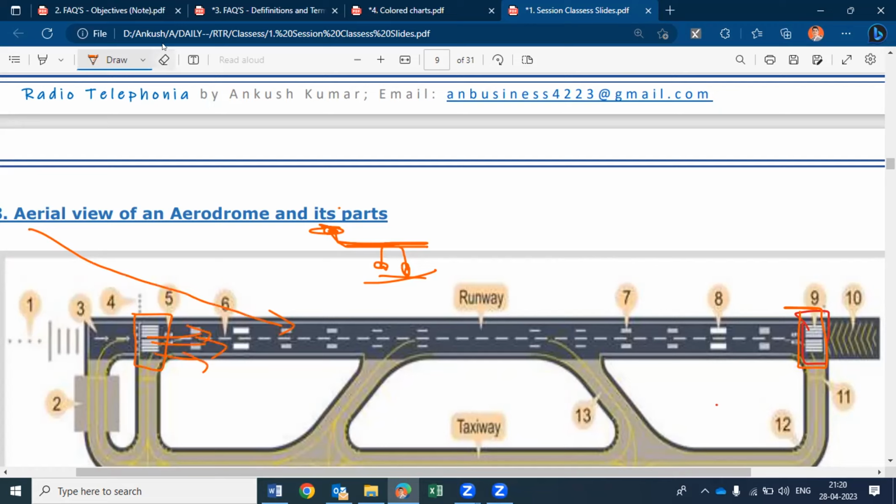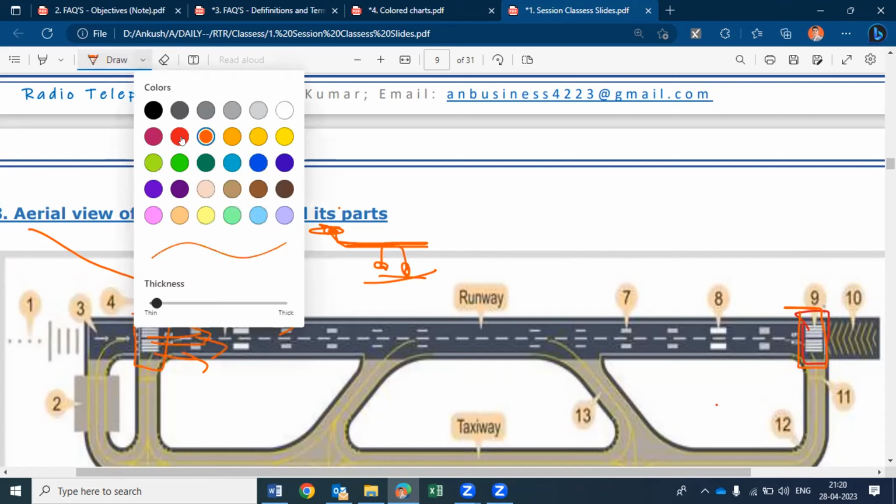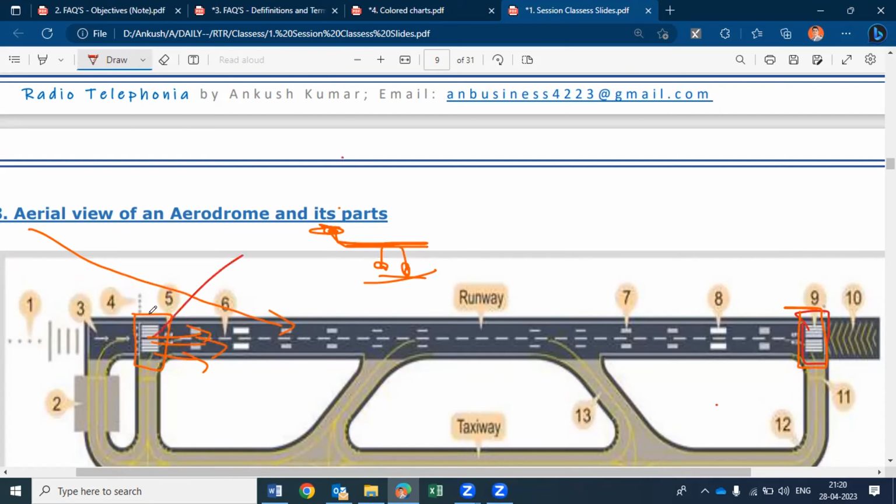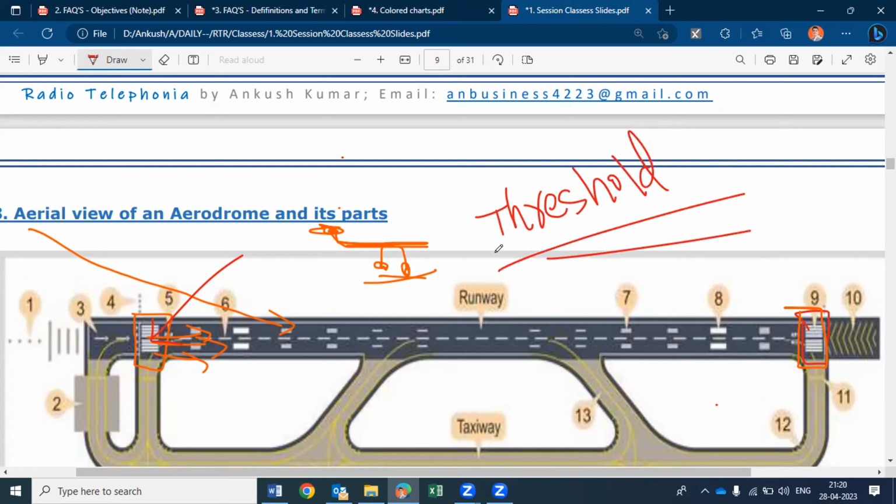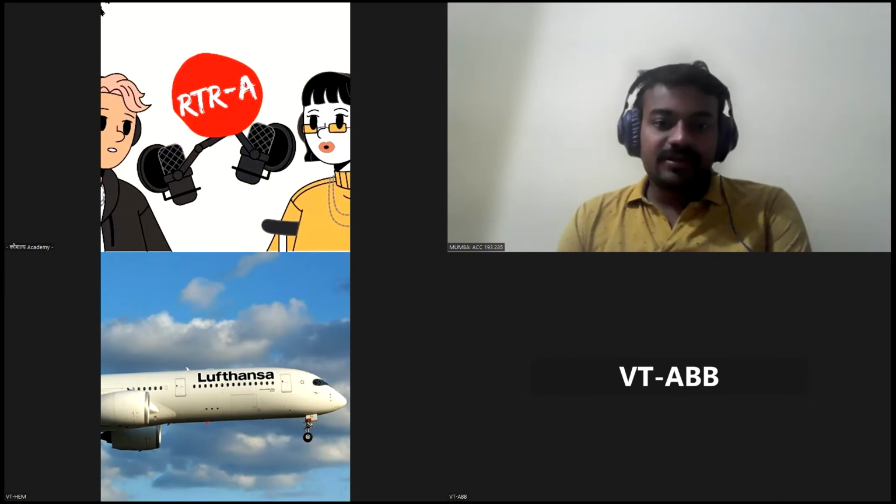And this is also known as runway threshold. What is the spelling of threshold? This is S. Runway threshold. So everyone please note it down. The runway threshold.